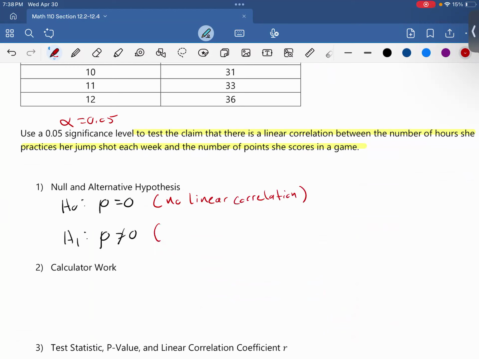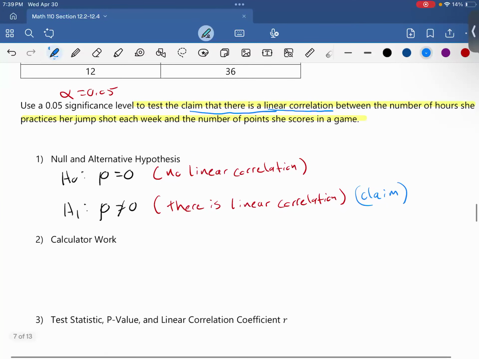And our alternative hypothesis, rho is not equal to 0, means there is linear correlation. Remember, we're testing to see if there is linear correlation, so this is always going to be our claim. Okay, so that's our hypothesis.